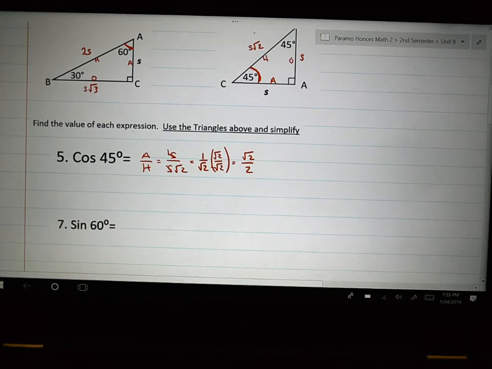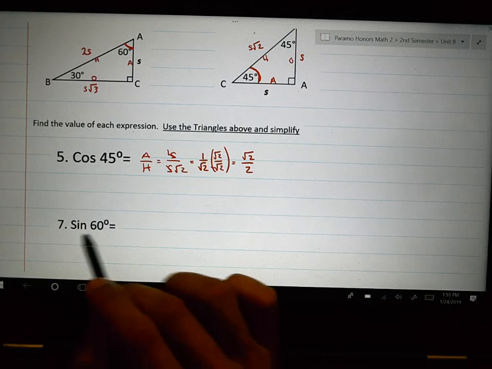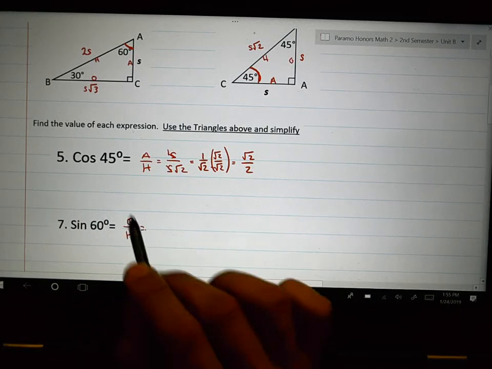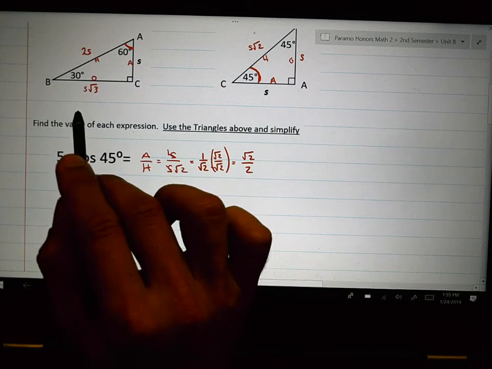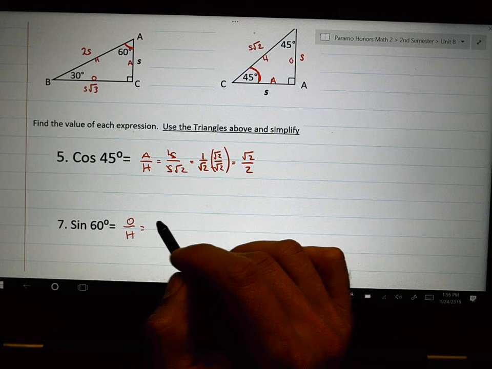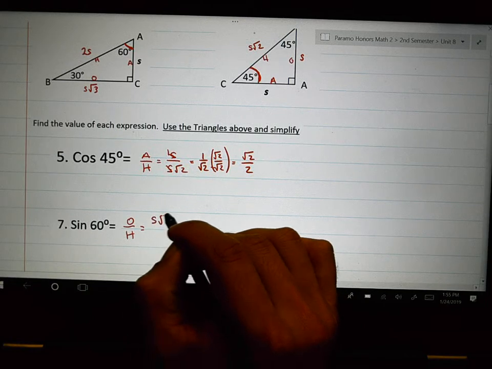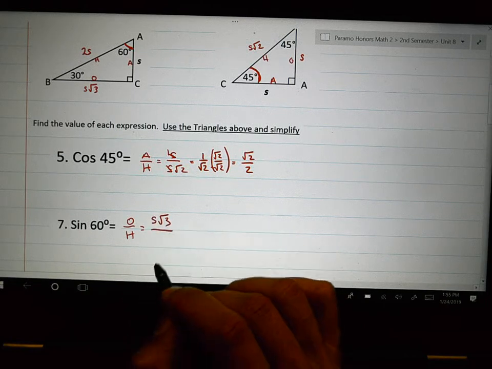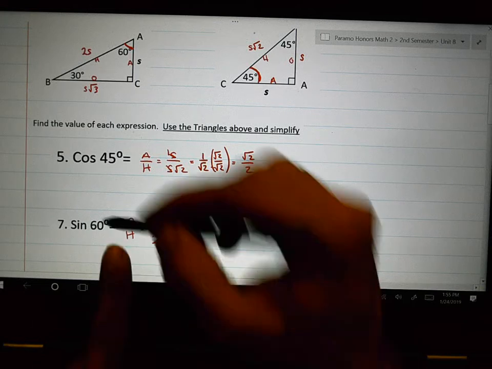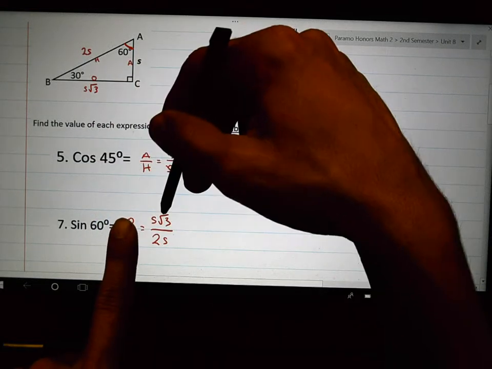So if you know what you're doing, you're going to do something like an O and an H. The O is which side length in terms of S? What is O? Say it out loud. Perfect. What is H? Say it out loud. So now what we have is that the sine of 60 degrees is S root 3 divided by 2S.